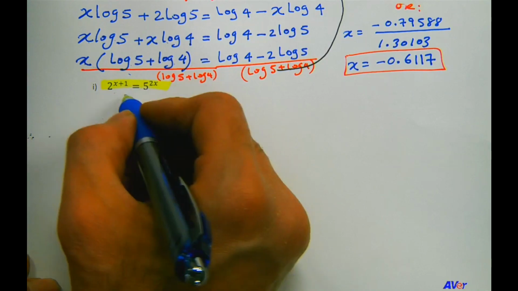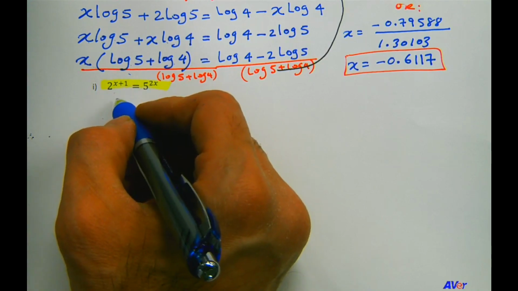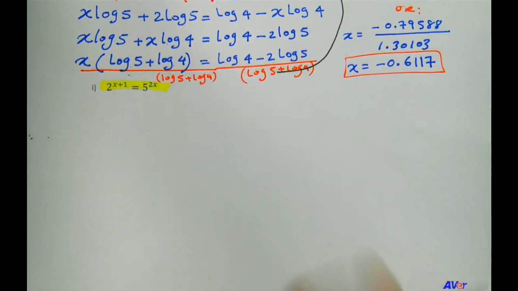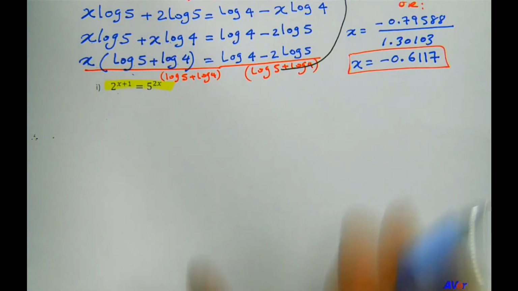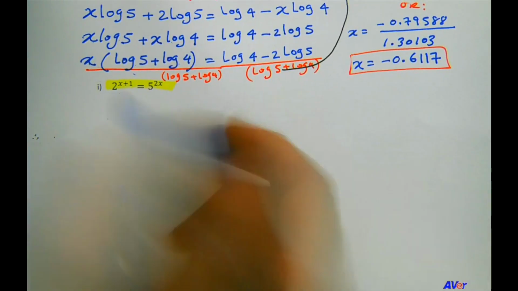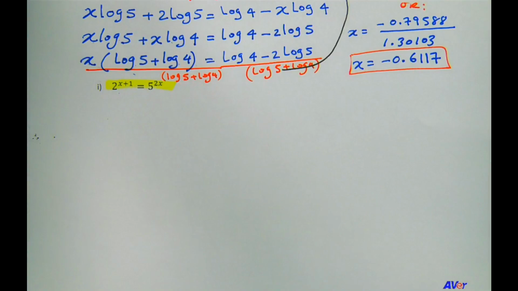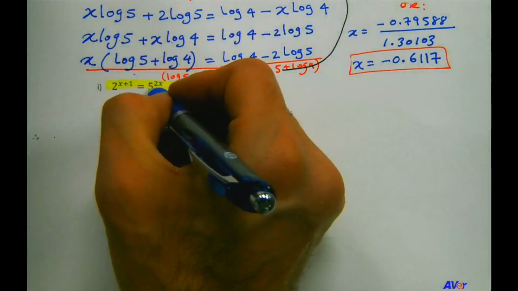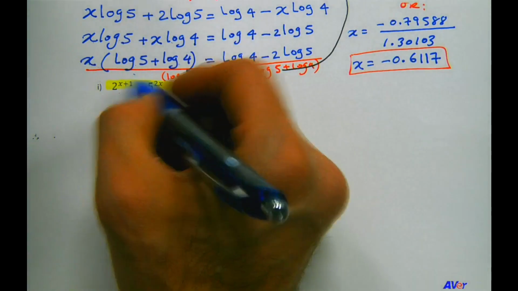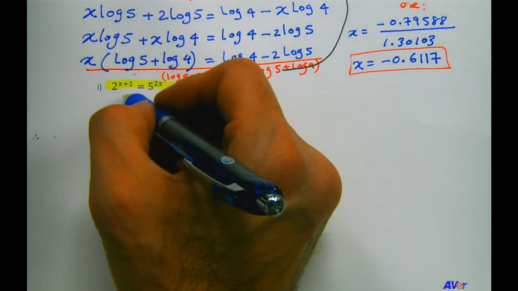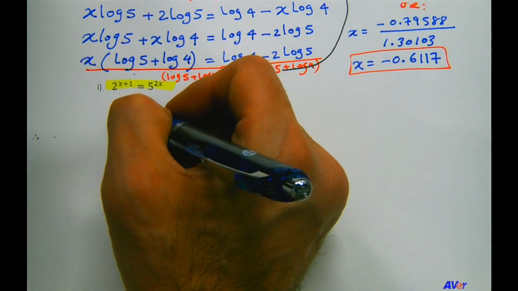So what we have to do is take either the log of both sides or the natural log of both sides. But would you take the natural log of both sides? You could if you want to, but I wouldn't, because neither one of these bases is e. If even one was e to some power, I would take the natural log of both sides.